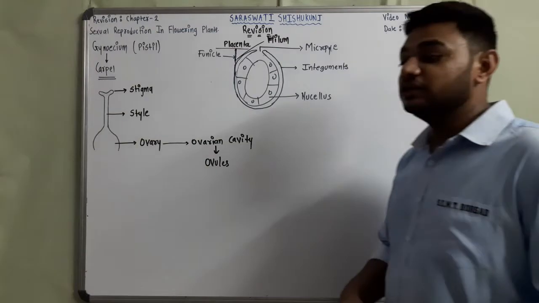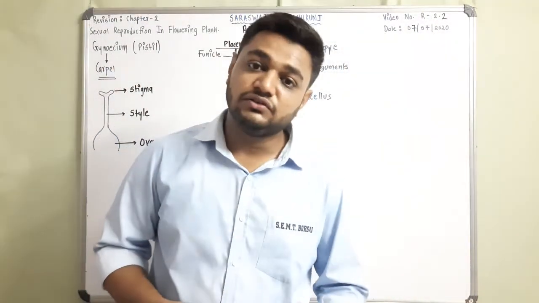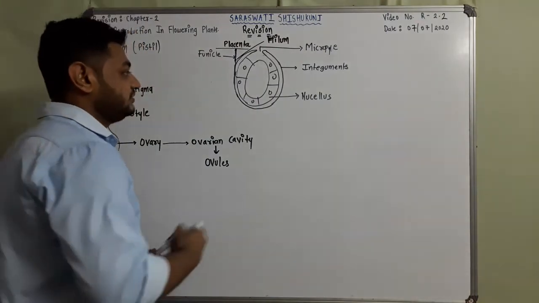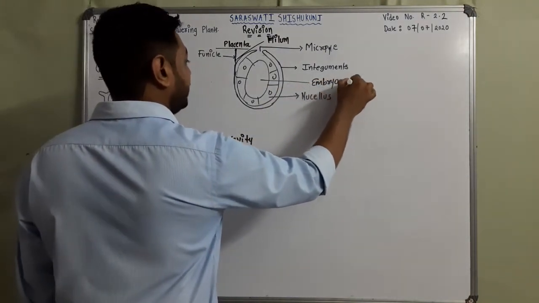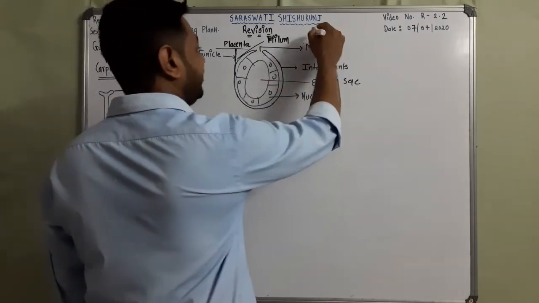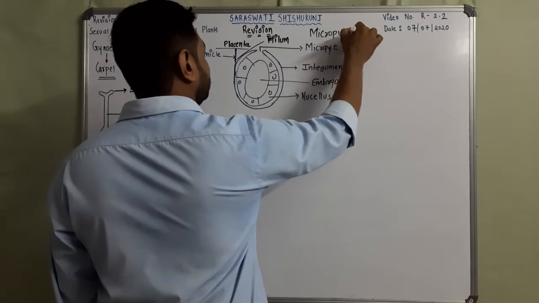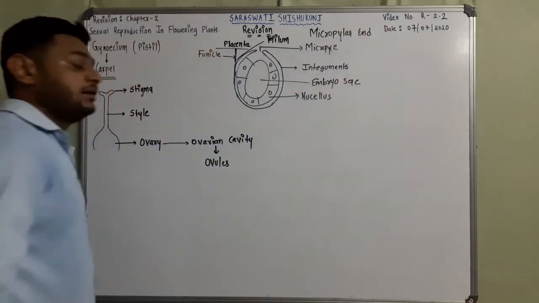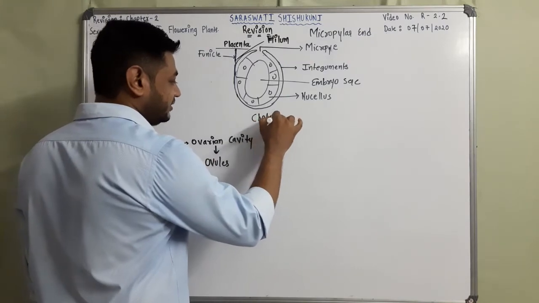They store the food. The nucellus layer encloses the embryo sac, right? So this one is referred to as embryo sac. Now the end where the micropyle is present is referred to as micropylar end. The opposite side is referred to as chalazal end.